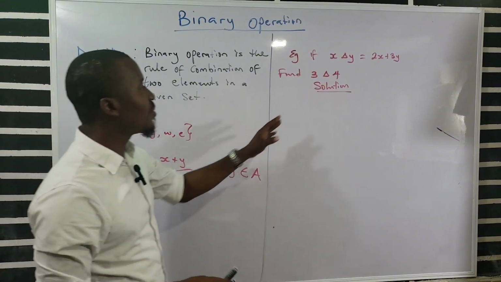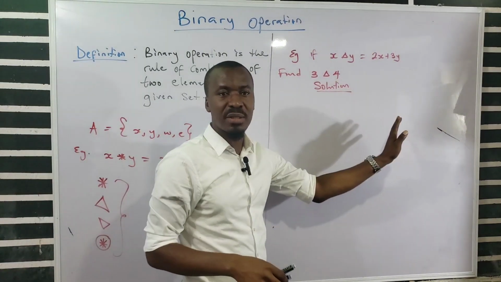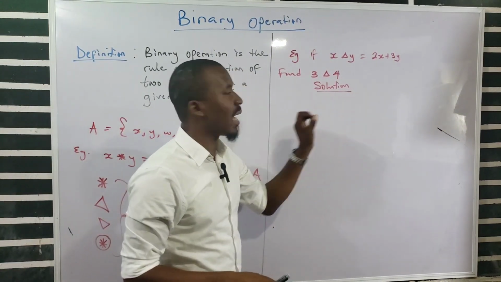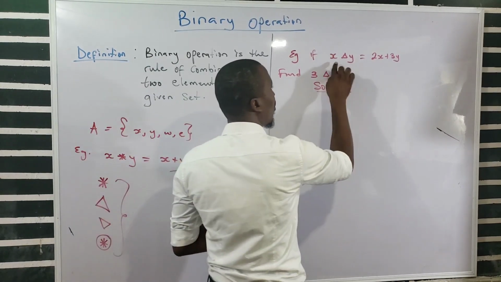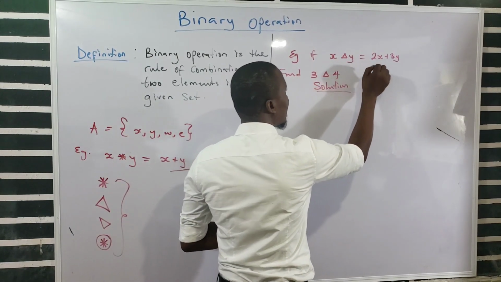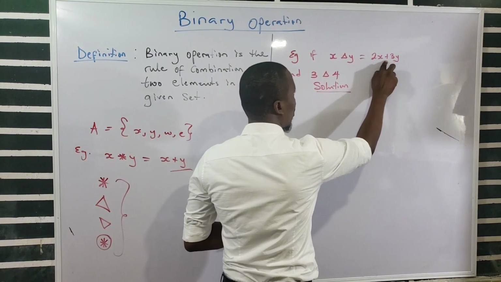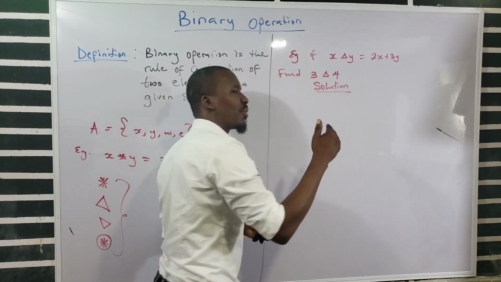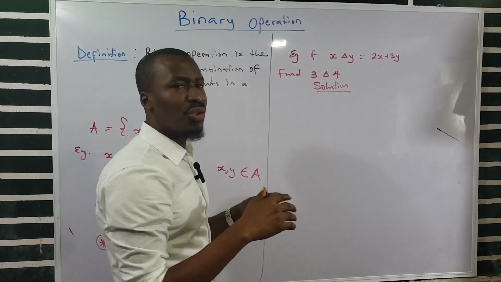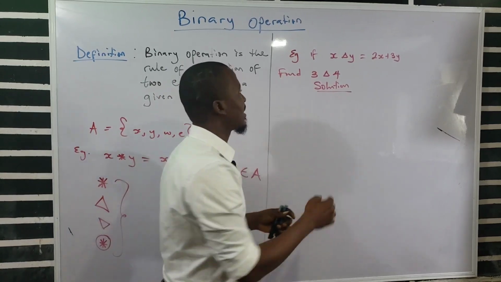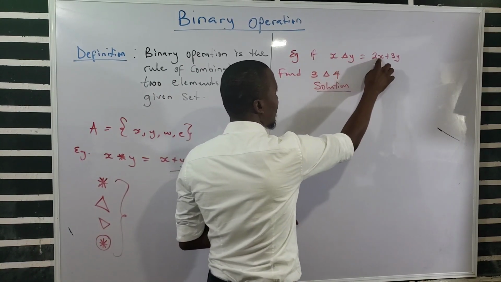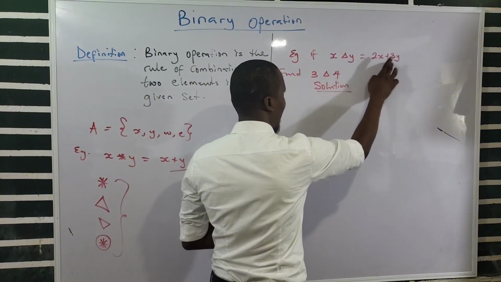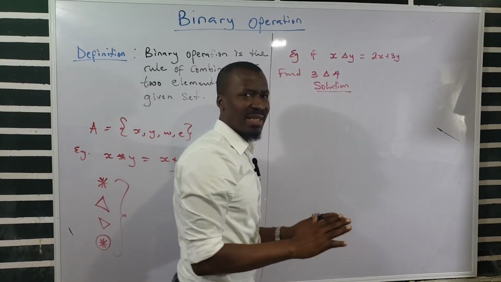So whenever you are given the rule of combination, you follow it and solve your problem. The rule of combination of X and Y is 2 times X plus 3 times Y. What I normally tell students is that don't just see it as X and Y, see it as the first number and the second number. So the first number times 2 plus the second number times 3. You get your answer, as simple as that.